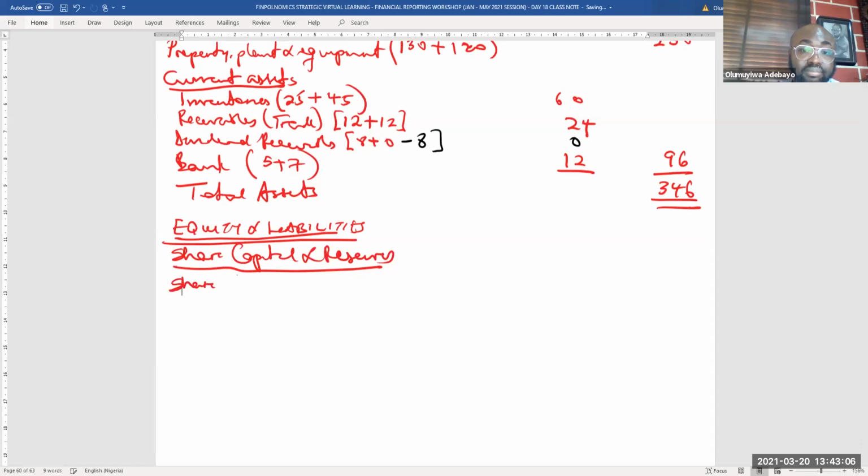Share capital, Faramade, retained earnings as consolidated.